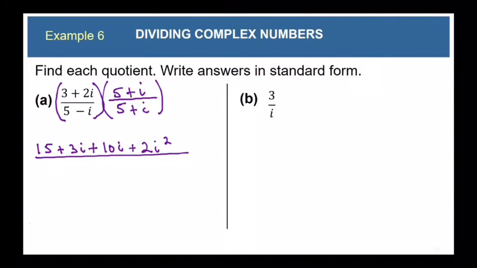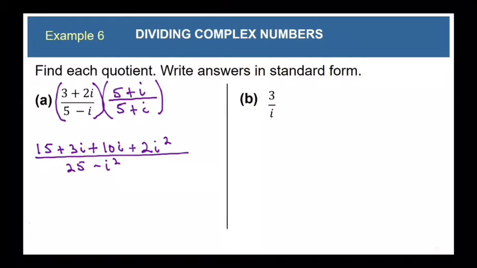Alright, now in the denominator, 5 times 5 is 25. The outer and the inner will add up to 0. That's the entire point of multiplying by a conjugate. So let's not even bother to write that down because we know they have to make 0. And then last times last is going to be minus i squared.